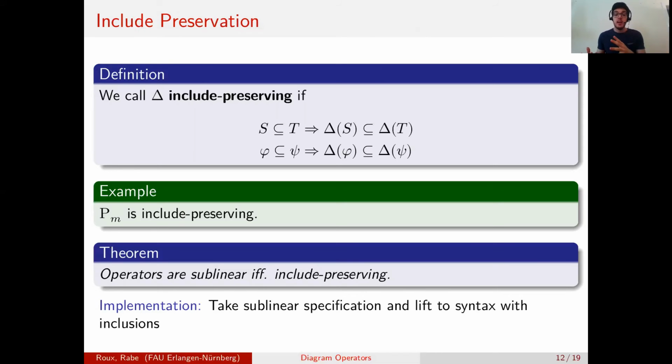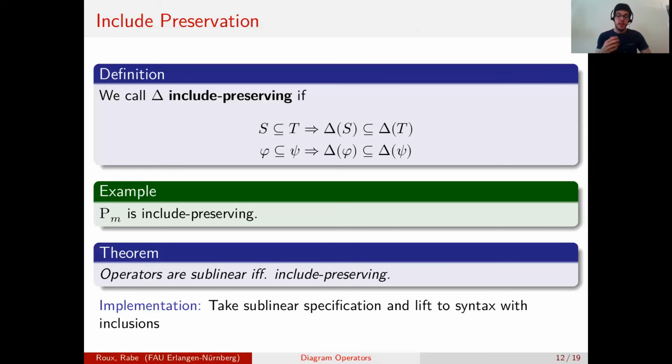So let's take a sublinear specification and implementation, and then we know it's include preserving, and then we can make the implementation lift it to the syntax with inclusions. So that's the takeaway. Include preservation allows us to lift, while sublinearity allows us to easily specify and implement.